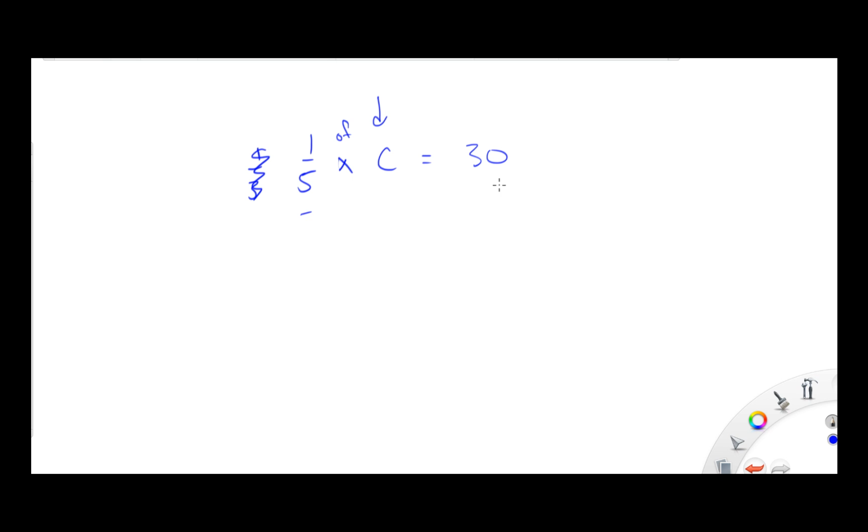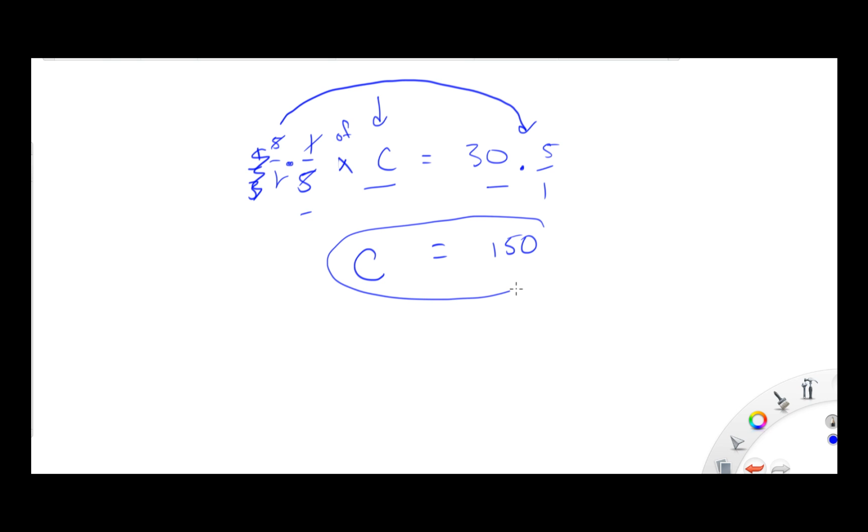We know red noses and red noses. So essentially, how do we get clowns by itself? Well, if we multiply by the reciprocal here, this cancels out, and what we're left with is clowns equals, and then if we do the same thing on this side, 30 times 5 is going to give us 150. So clowns total equals 150.